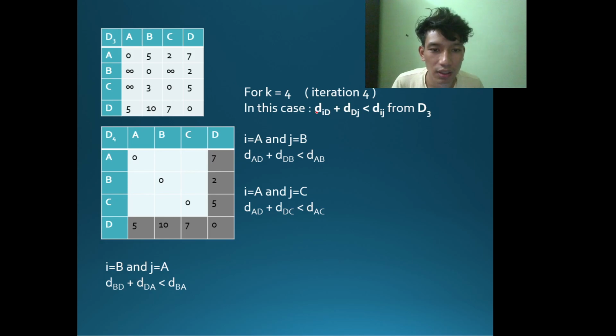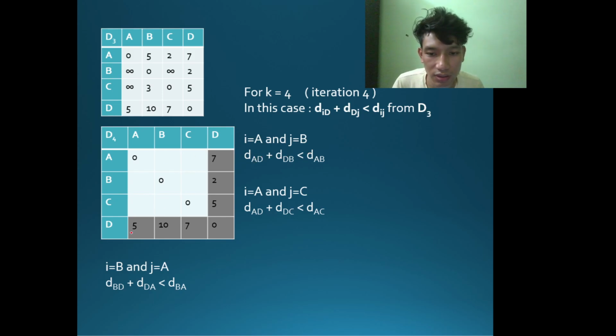And these are the d3 elements, and we will go to the last iteration, k is equal to 4, and for this k will be d. So here d of id plus d of dj is less than d of ij from d3, right? So for i is equal to a and j is equal to b, for this particular element, we will check for d of ad plus d of db less than d of ab.